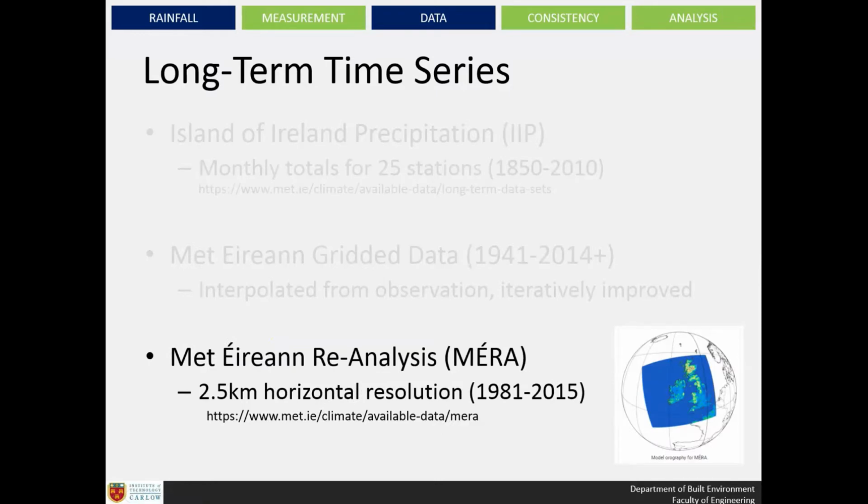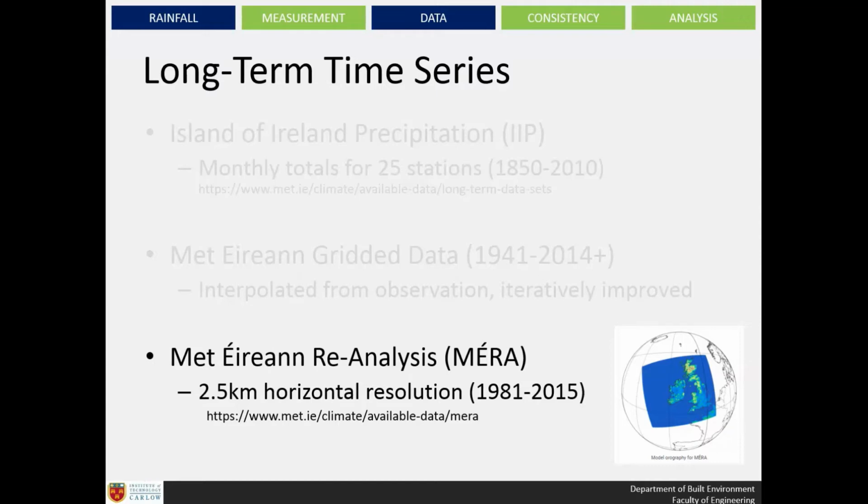Another data set that's available is the MERA data set, where Met Éireann carried out a 35-year regional climate reanalysis for Ireland using the Aladin-HIRLAM weather prediction system. This is at a 2.5-kilometer resolution, and has far more data available than just rainfall, such as pressure, temperature, irradiance, humidity, wind speed, and direction.